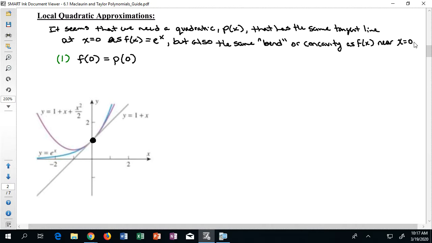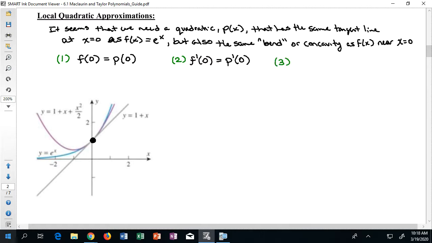Because I need the same starting point that I have down there in the picture. I'm also going to need a second property. To get the same tangent line, I'm going to need to have the derivative evaluated at 0 for my function be equal to the derivative evaluated at 0 for the quadratic. Because if I don't have the same starting point and I don't have the same starting slope, I will never get the same tangent line.